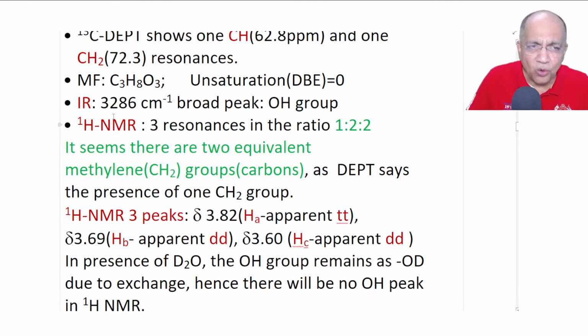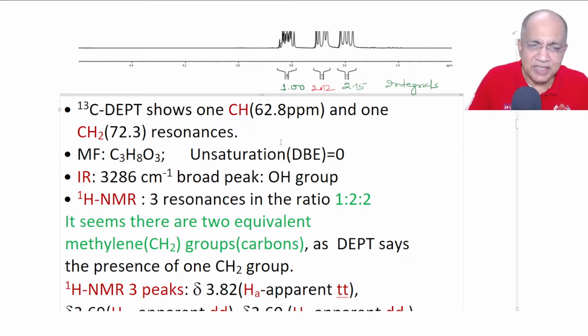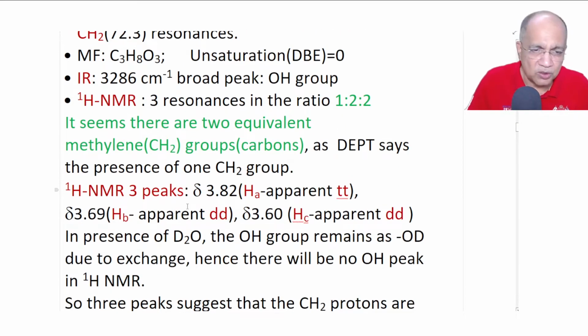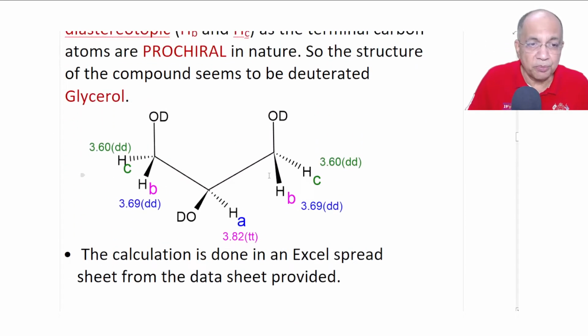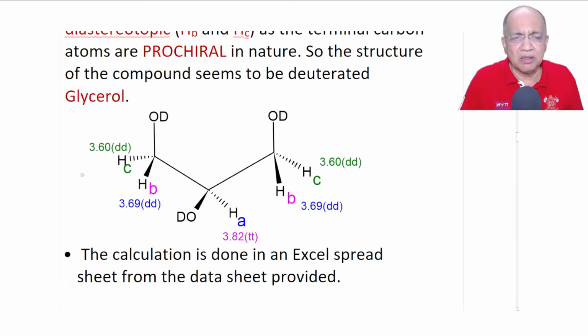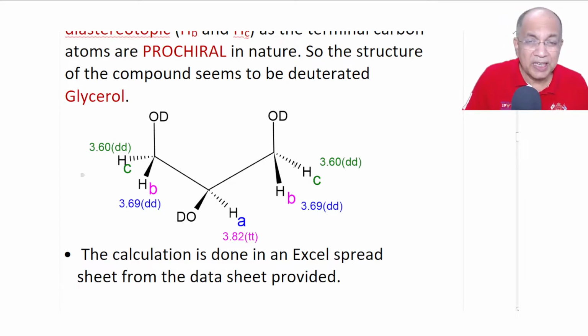Now, I have already told you about the IR and the DPT. There is no point in wasting time; 3 peaks, I have already told you. Now, the beauty is when you take a particular compound in D2O, the labile hydrogen atoms like OH and NH are substituted by deuterium.